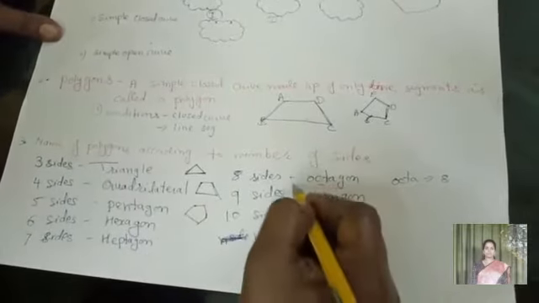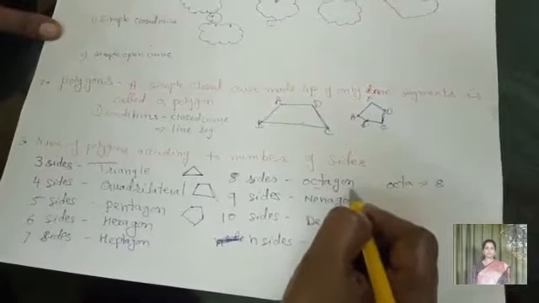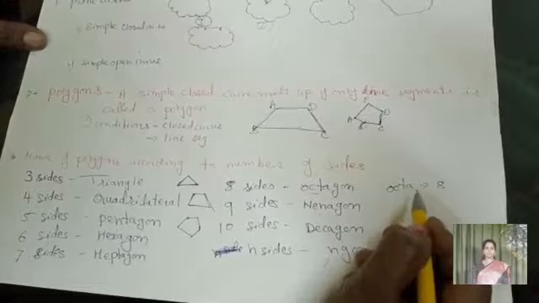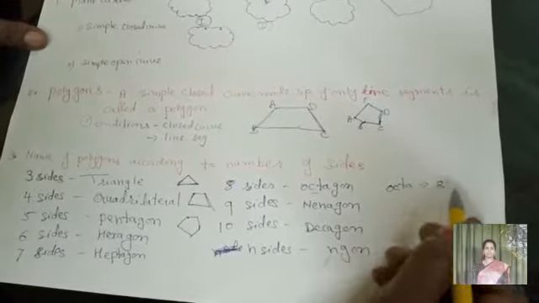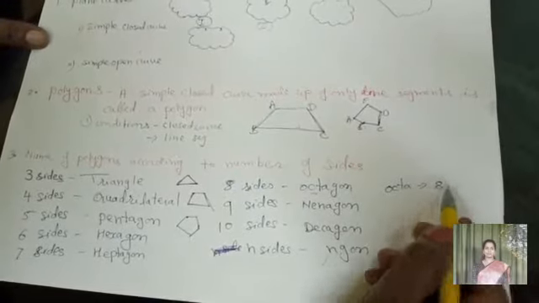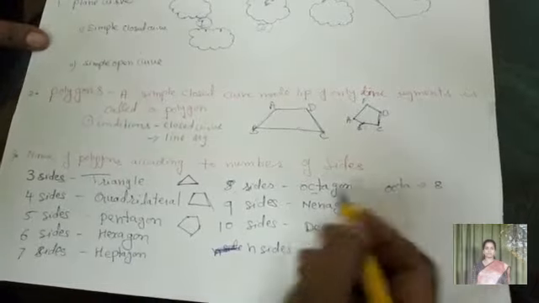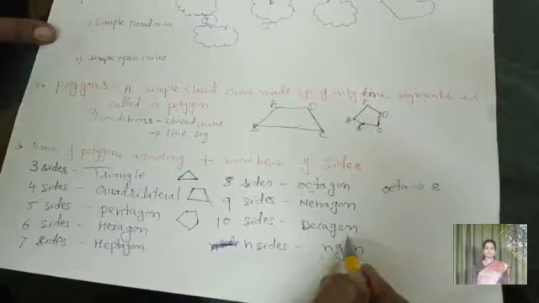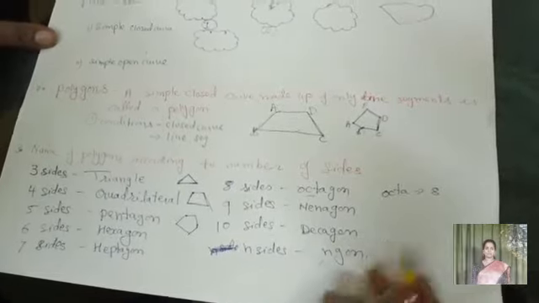If it is 8-sided, we will call it an octagon. Octa means 8. You can remember octopus, the animal with 8 legs. So, this is the clue to remember octa. If it is 10-sided, we will call it a decagon and so on.